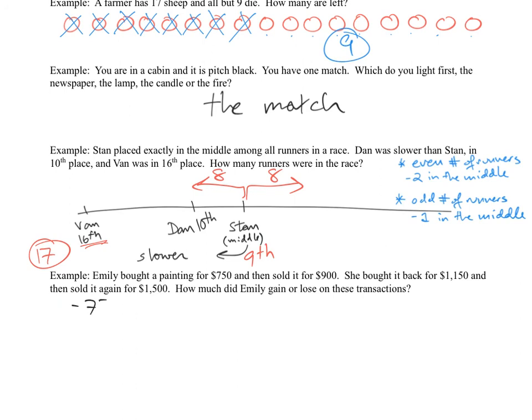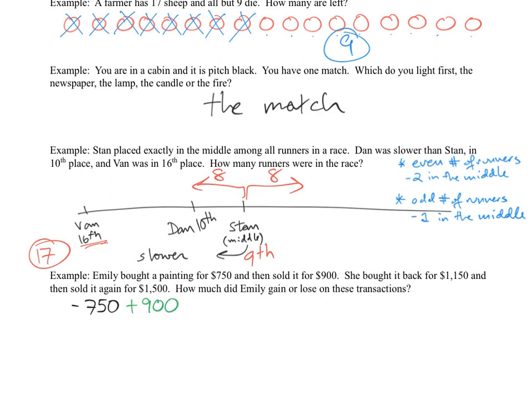So that'll be a negative $750. But if you sell it, that will be money coming back in, money added to your account. So we would add $900.